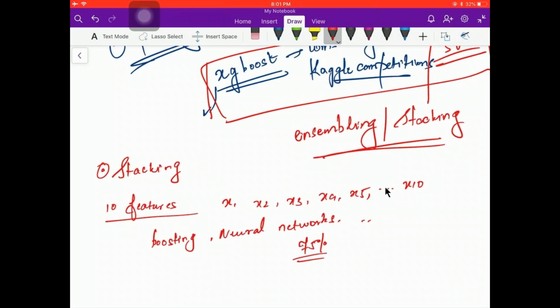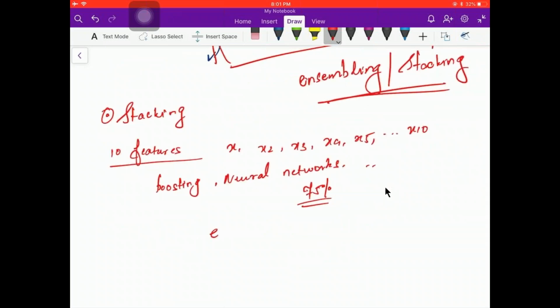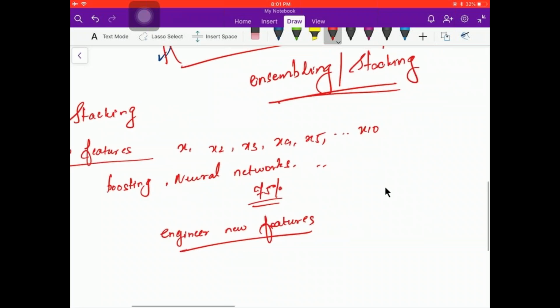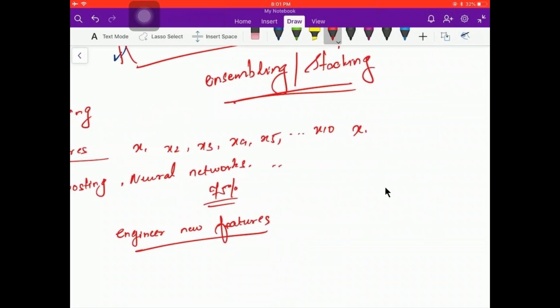So what you start to do is engineer new features. What does engineering new features mean? Apart from the features you have, you try to build new features.